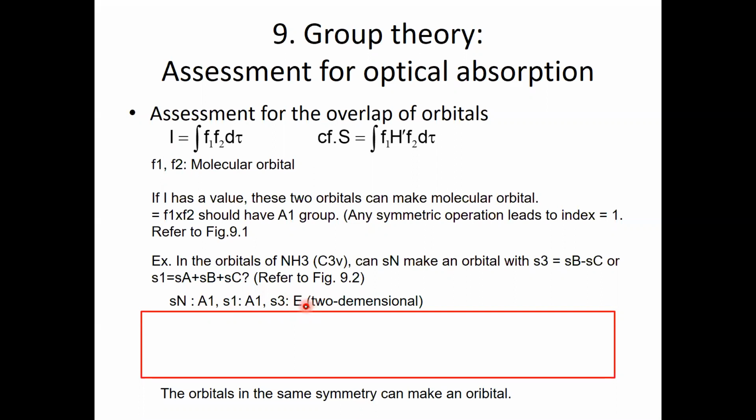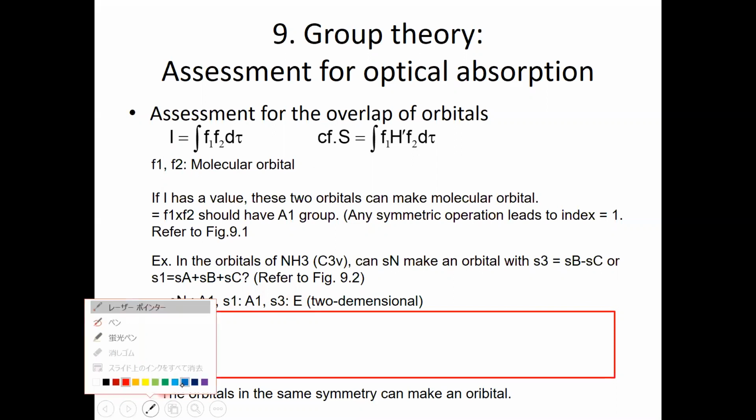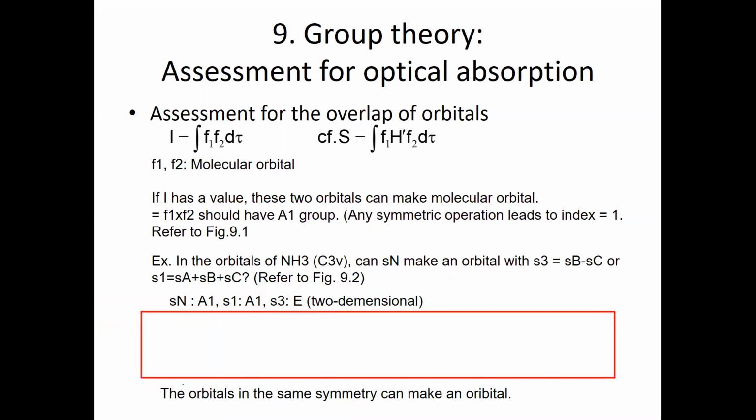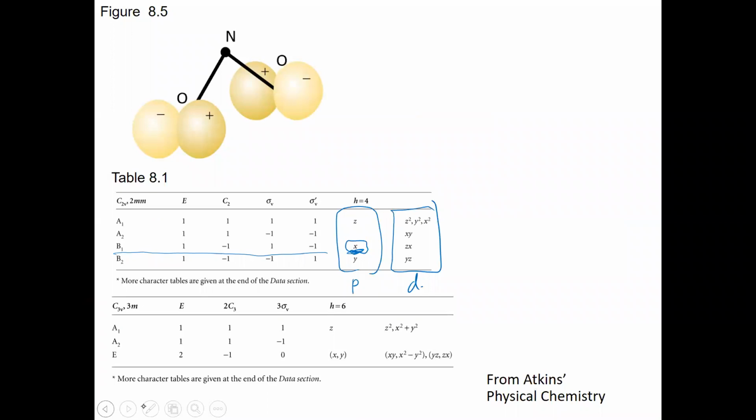So what you have to do is first confirm the index values by using the index chart here. So A1 is 1, 1, 1, and E is 2, minus 1, 0. Okay.